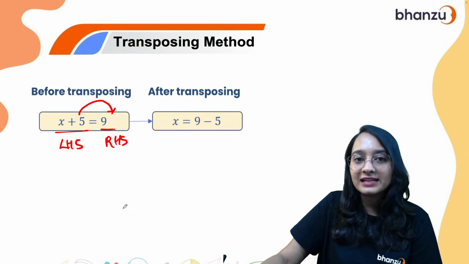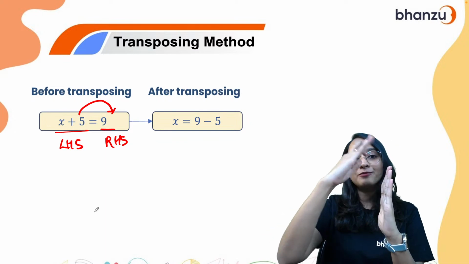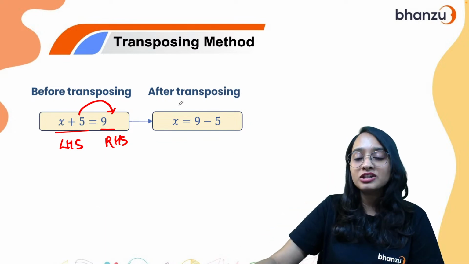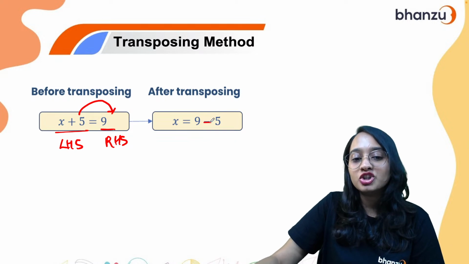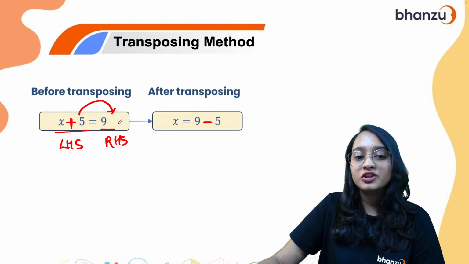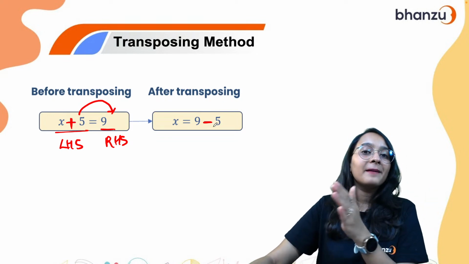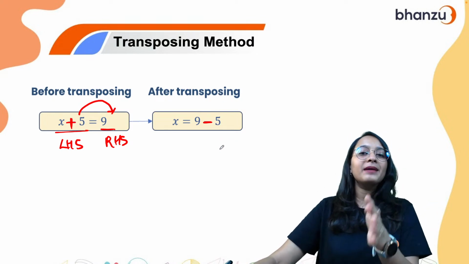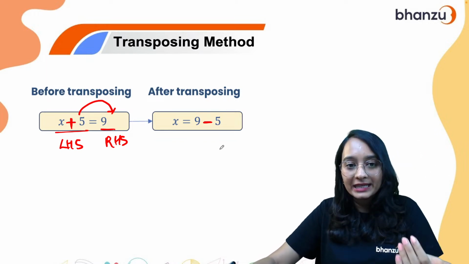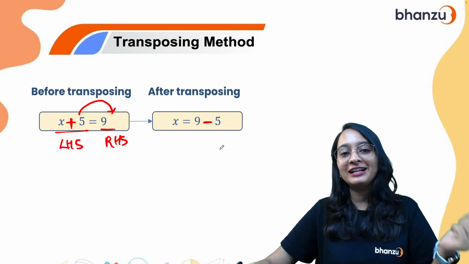There are two different sides. So from the left hand side, I am transposing it to the right hand side. Right? So when it is transposed, the sign changes. We had plus 5 here. So when you transpose it, it will become minus 5. So please remember, whether you're transposing a number or a variable, the sign will definitely change.